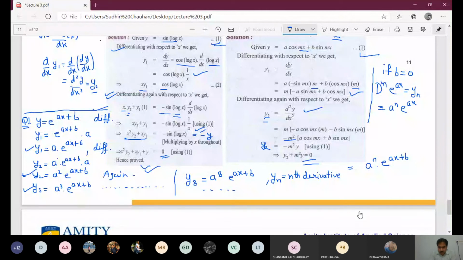So let us do some questions on successive differentiation. I will give you one or two questions.